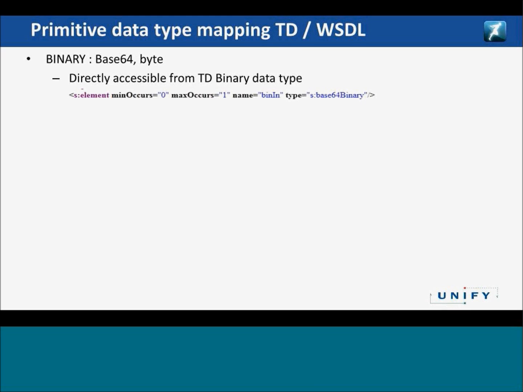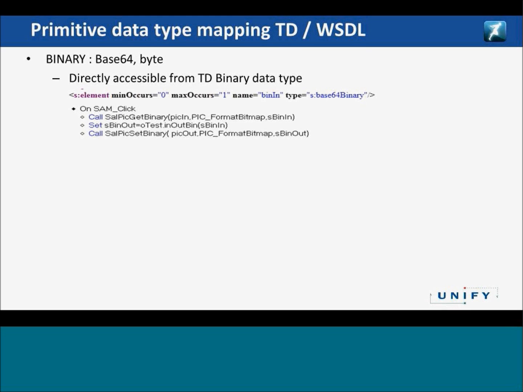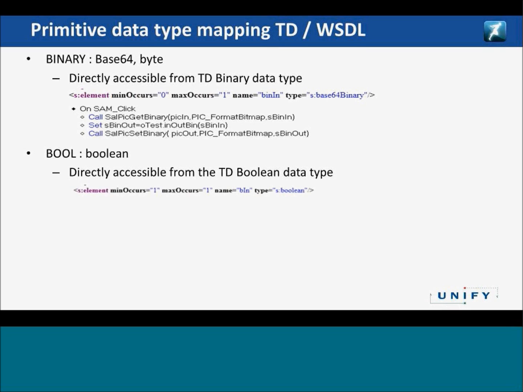This is how it's defined in the WSDL, just for your information. And in the TD code, on the second line, set sbin out equals otest.in out bin sbin in. So it just passes all the TD variables here without any encoding, data type changing, or anything like that.